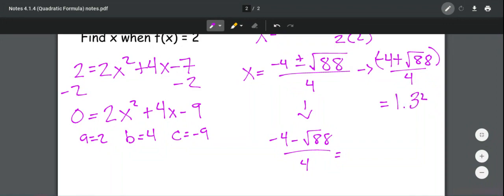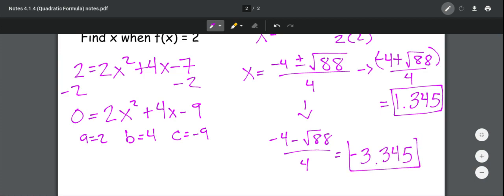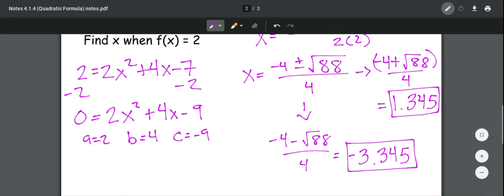It's way easier. Because you got to punch in buttons in the right order, otherwise it doesn't work. So there you go. Those are your 2 answers.